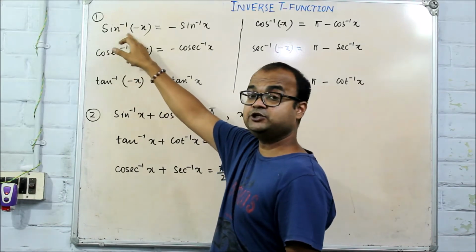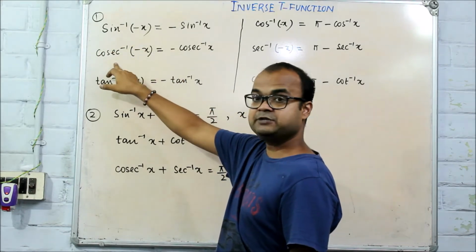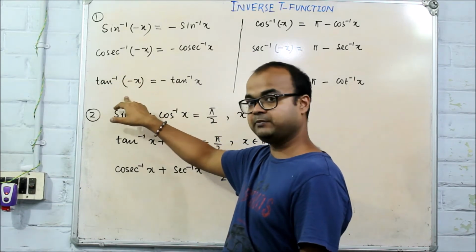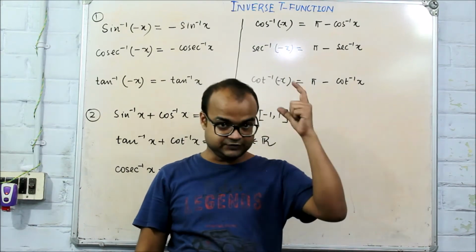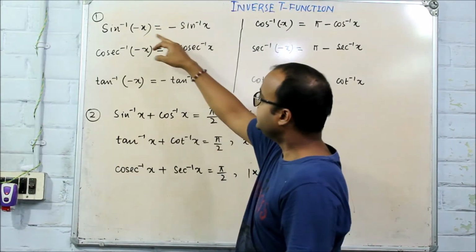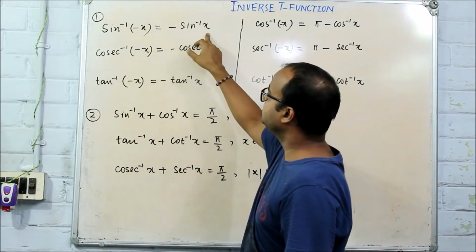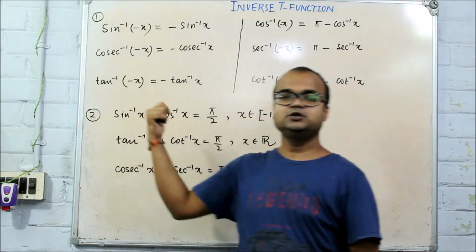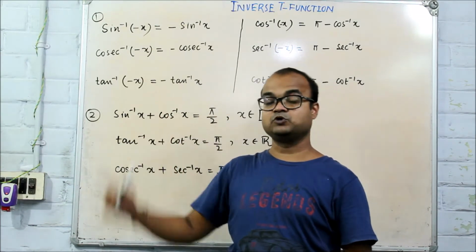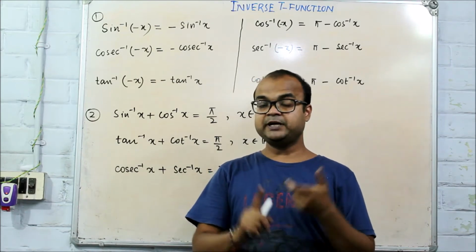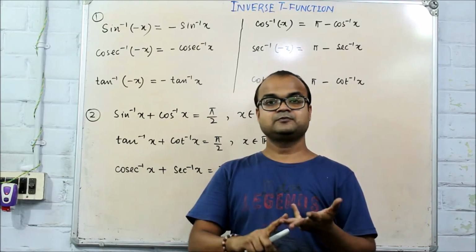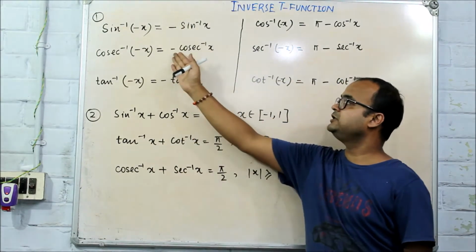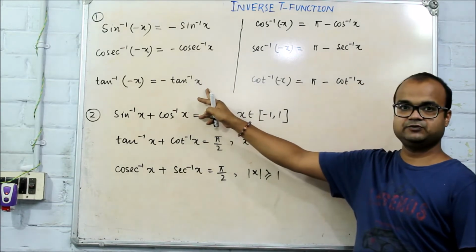Closed interval minus pi by 2 to pi by 2, closed interval minus pi by 2 to pi by 2 minus 0, open interval minus pi by 2 to pi by 2. Remember this triplet? In these three cases, the formula will be minus sine inverse, minus cosec inverse, minus tan inverse. So if you remember that triplet, you can easily remember these three formulas.